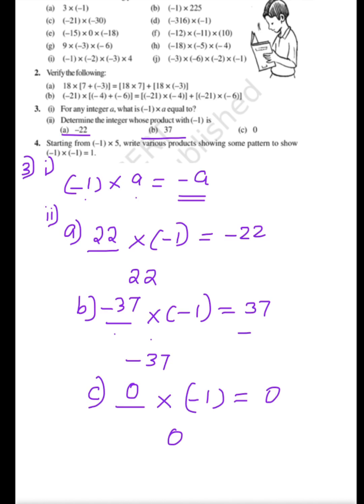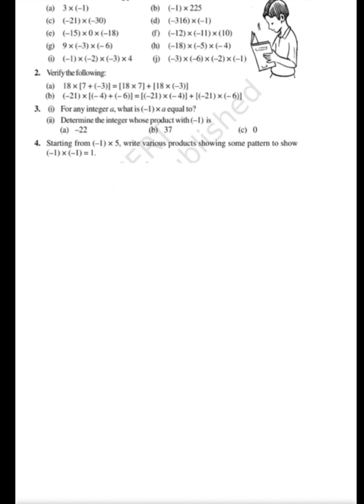Okay. Now let's see the fourth question. Starting from minus 1 into 5, write various products showing some patterns to show minus 1 into minus 1 equals 1. Okay, in the question it's given that we have to start from minus 1 into 5.